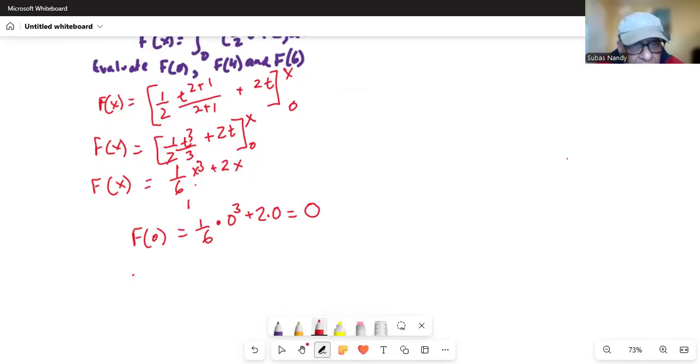Next one is F of 4, which is 1/6 multiplied by 4 cubed plus 2 multiplied by 4. 4 cubed is 4 times 4 is 16, 16 multiplied by 4 is 64, divided by 6, plus 2 times 4 is 8.